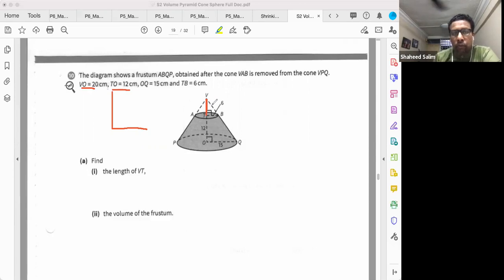This one you may have to use Pythagoras theorem and then minus now. In case you can't see, I'm drawing for you here.